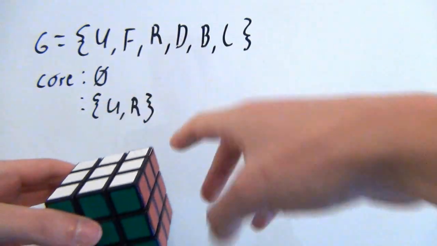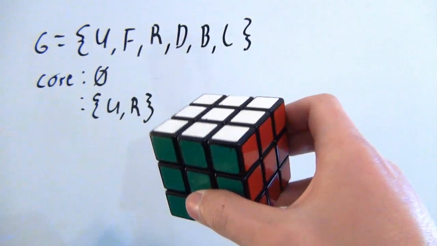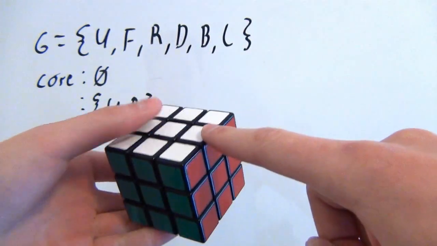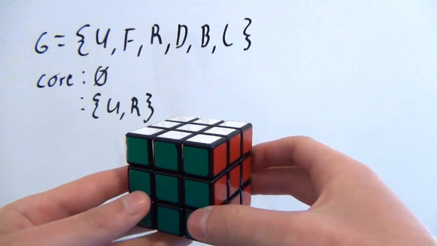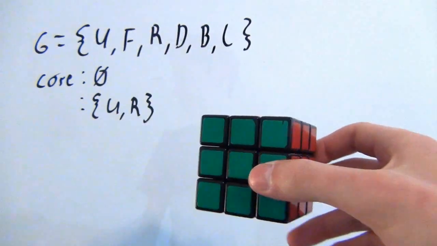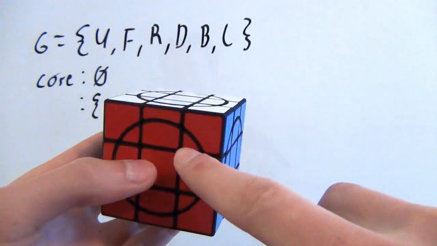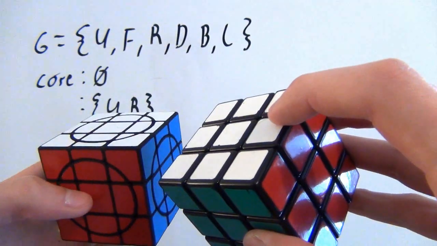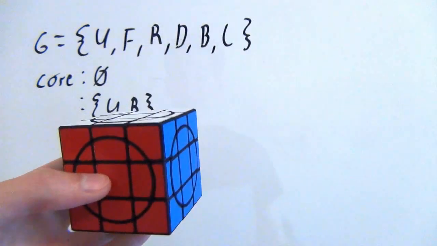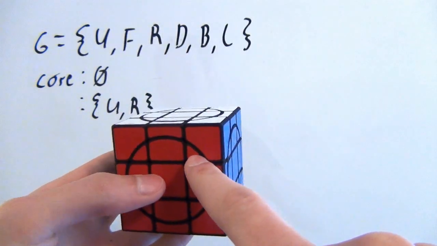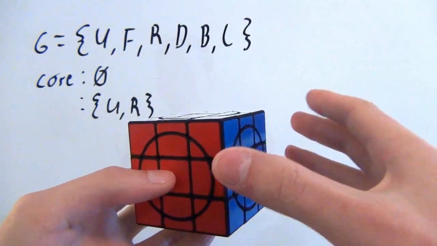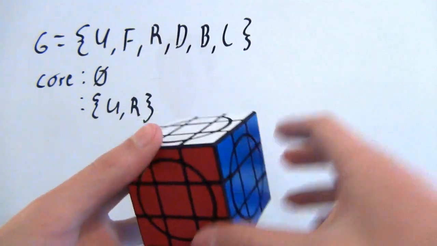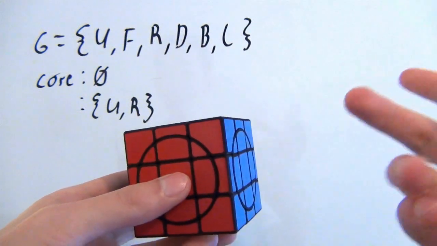So what we have for this grip signature for that triangular piece that we saw seems to be exactly the same as the grip signature for a regular edge piece on a 3x3. And it actually is. It turns out that these pieces are functionally equivalent to each other. So this triangle piece actually represents an edge piece on the 3x3, which seems absurd at first because it's not even on the edge, but it turns out it's true.